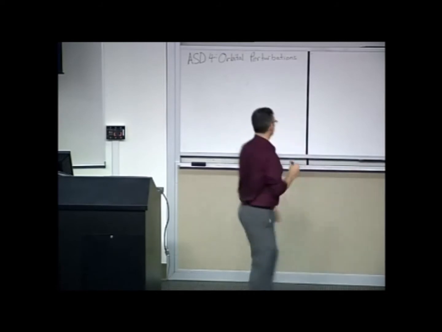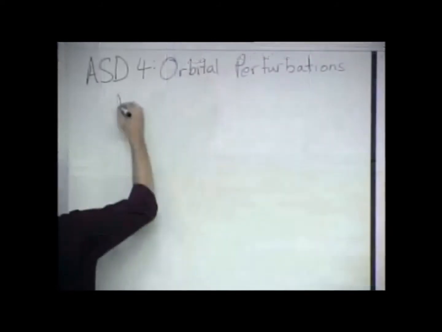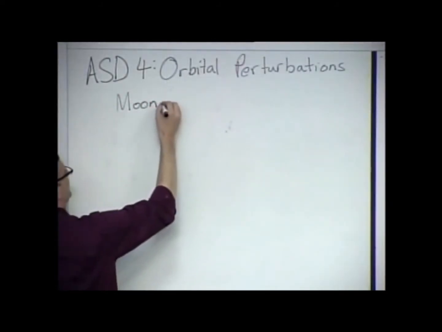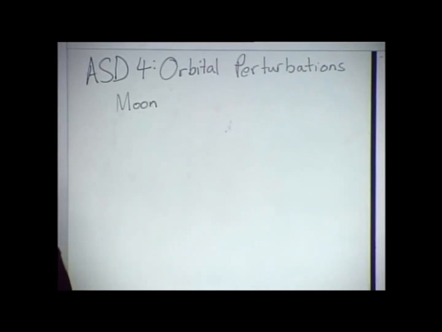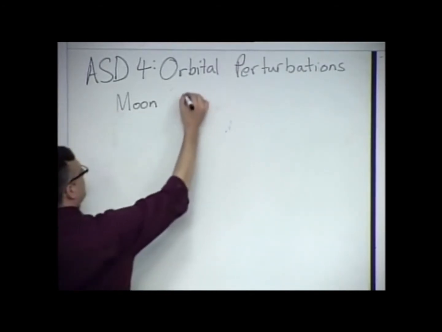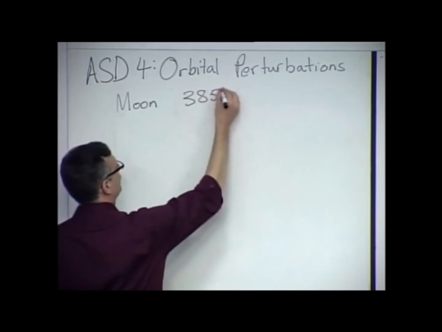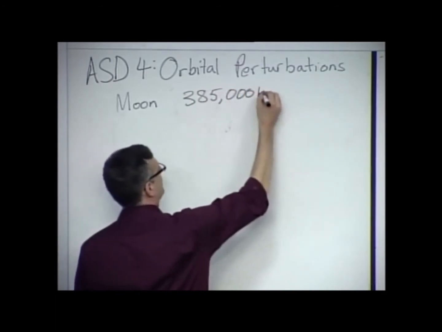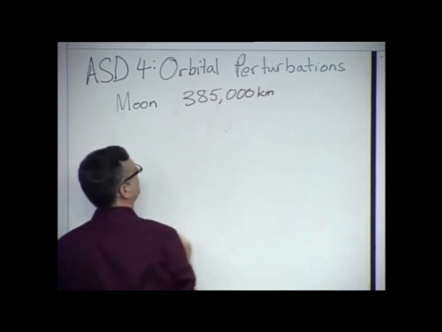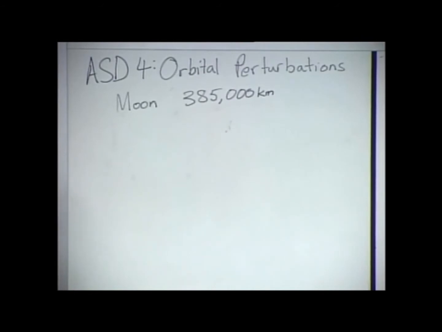The moon, of course. It's not the biggest object in the solar system, but it's by far the closest. So the moon, which is 385,000 kilometers from Earth, radius centroid to centroid.